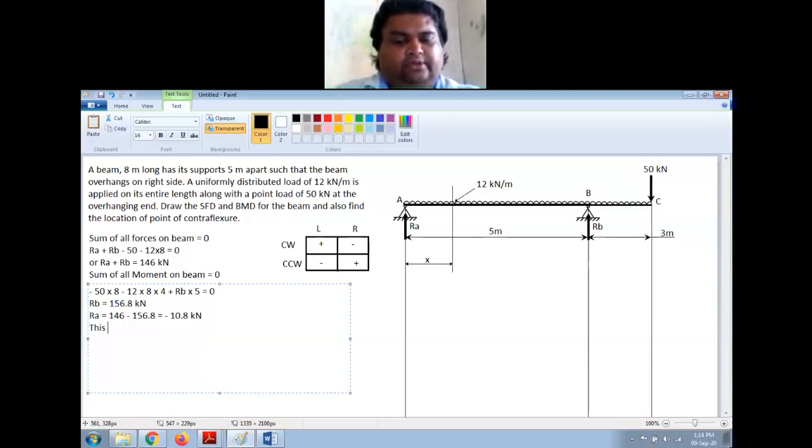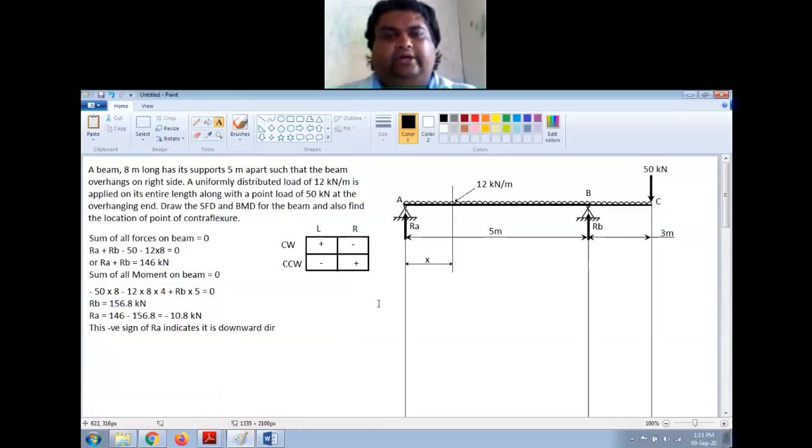This negative sign of RA indicates it is in downward direction. Okay, it is acting in downward direction.